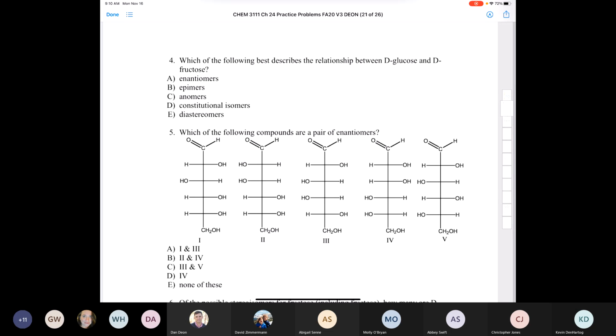I'll give you a second to look at the next couple. Anybody have an answer for number 4?